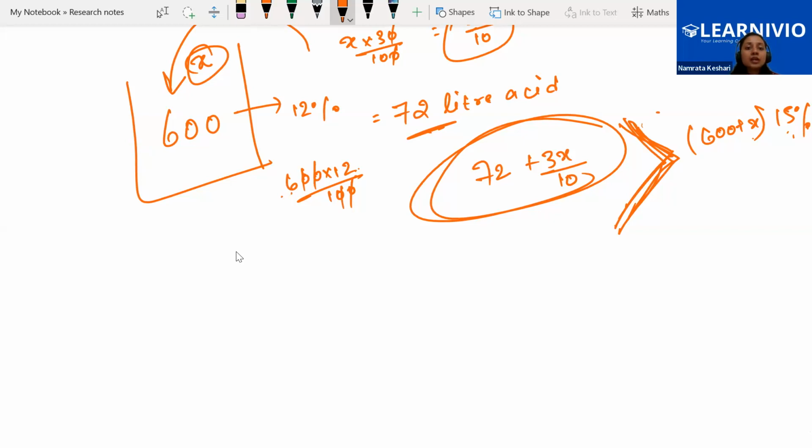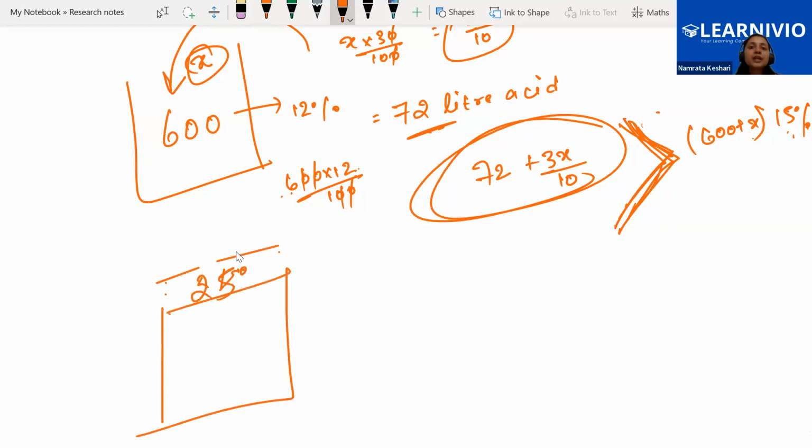If you go and buy a chips packet and it is written that 25% extra, 25% more now, that means 25% of what? 25% of total. Previously the number of chips was, let's say, 20.